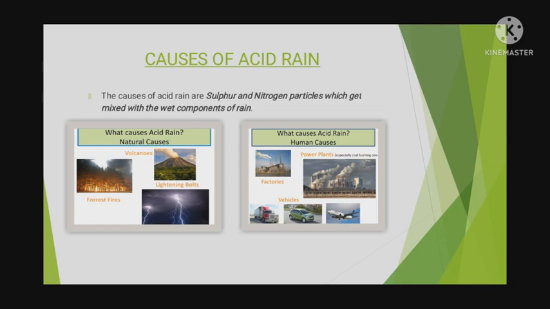Also decaying vegetation, wildfires and biological processes within the environment generate gases that form acid rain. And one more: lightning strikes naturally produce nitric oxides that react with water molecules via electrical activity to produce nitric acid, thereby forming acid rain.